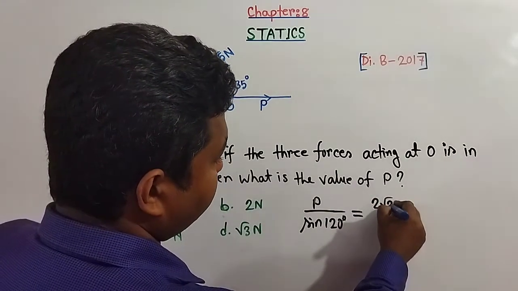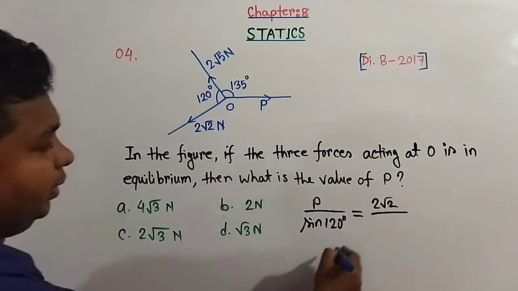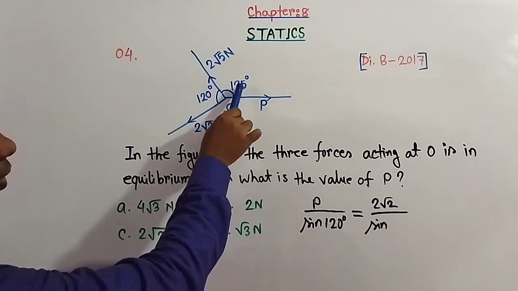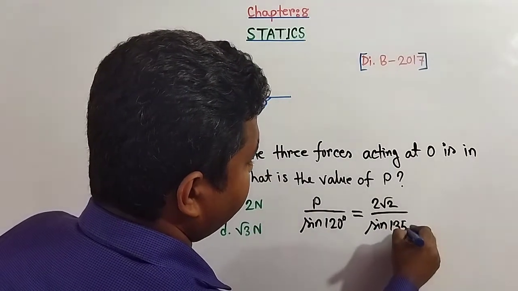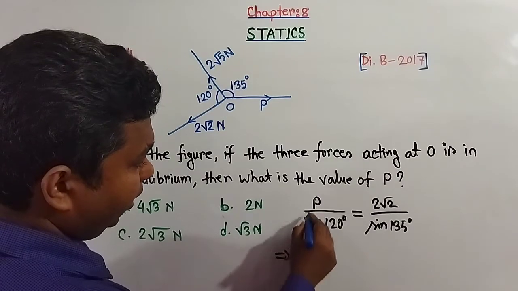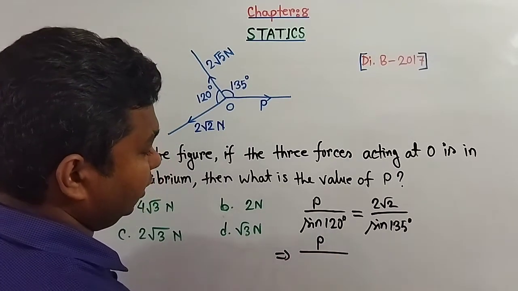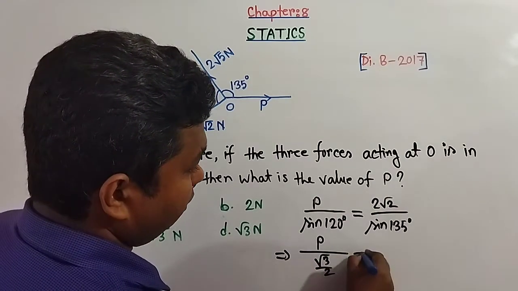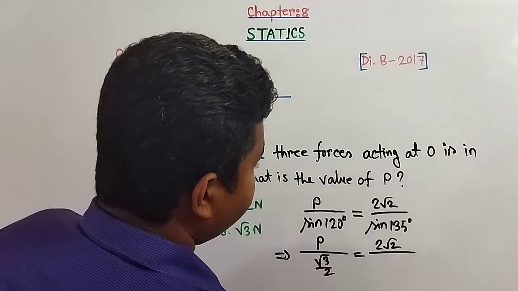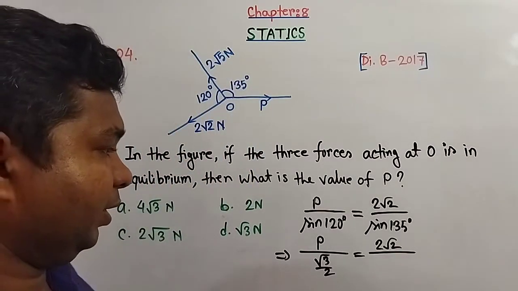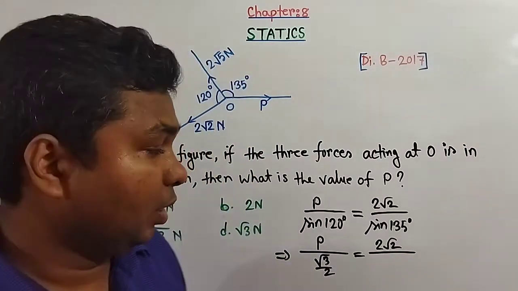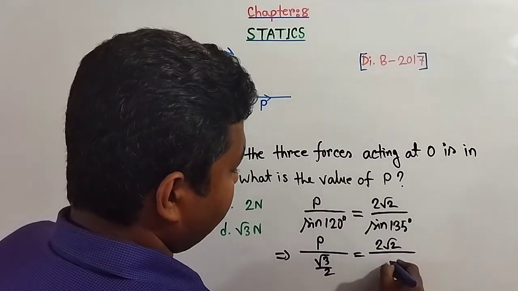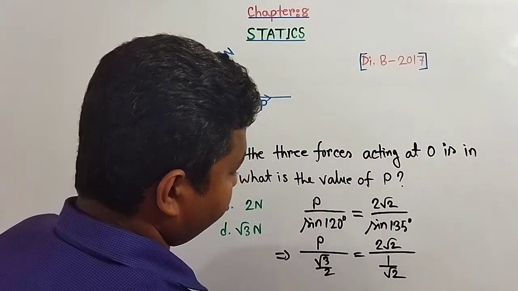So 2 root 2 divided by the sine of the included angle of the other two forces, that is 135 degree. Now from here we can write P divided by sine 120 degree, that is root 3 by 2, equal to 2 root 2 divided by sine 135 degree. By using a calculator you can easily get the value of sine 135 degree, that is 1 by root 2.